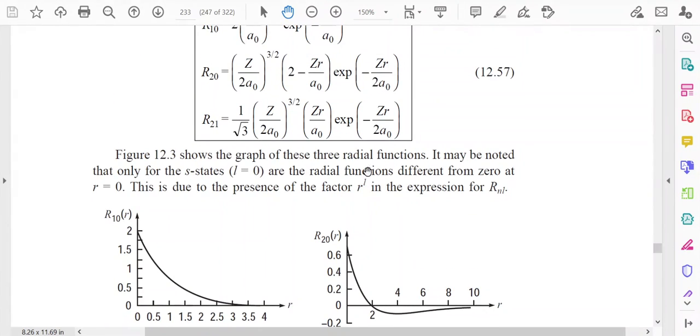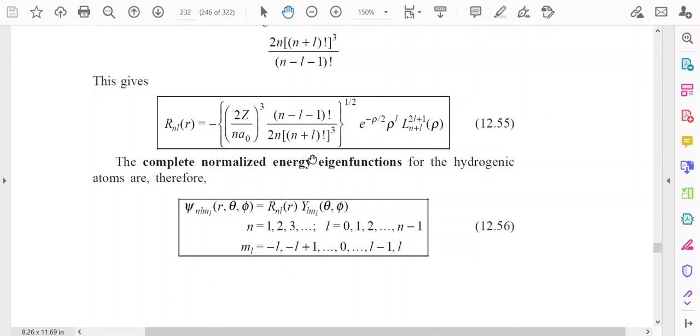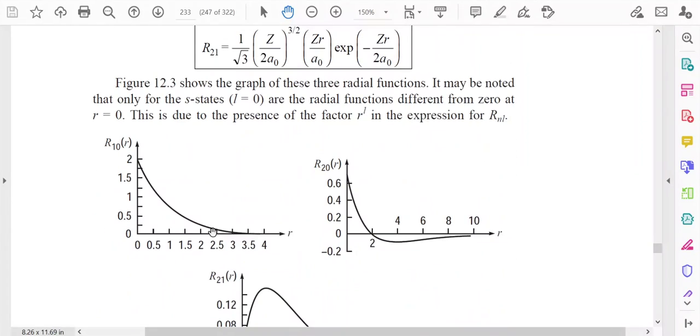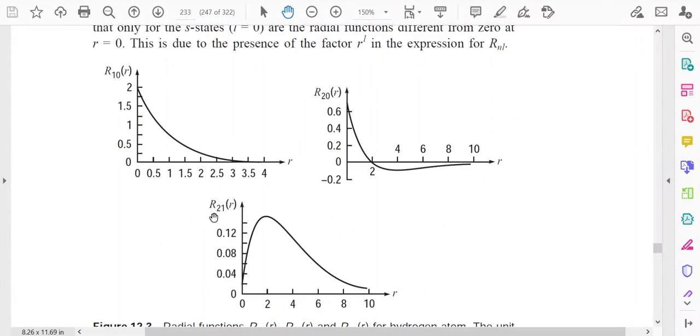Because there is a term r to the power L in the expression of R_nl. Since rho depends on r, this is r to the power L also, and if L is equal to 0, then this will be 1. So in that case, R_nl will be non-zero at r equal to 0. This shows the non-zero values of R_nl from the graph. But for R21, you see that at r equal to 0, R21 is 0. So these are the different graphical plots for the radial wave functions.